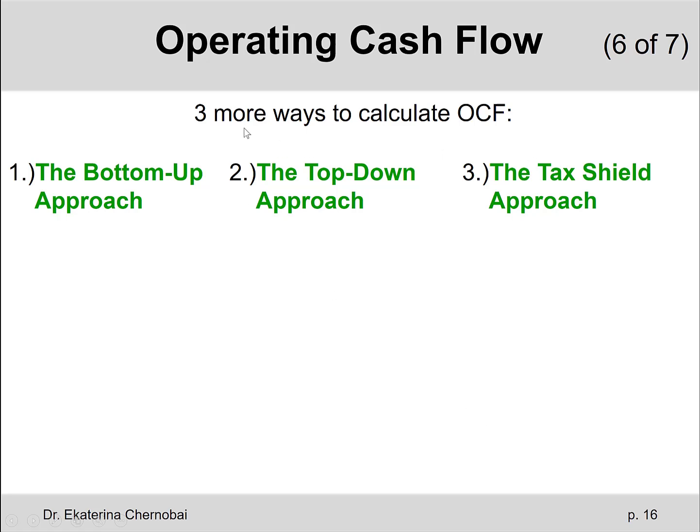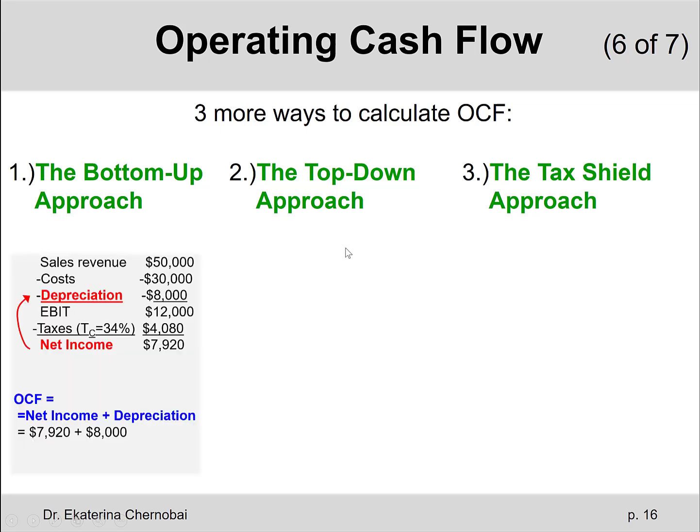Turns out there are three more ways to find the operating cash flow: the bottom-up approach, the top-down approach, and the tax shield approach. The bottom-up approach says that we start at the bottom and then we go up and only subtract, so we add back depreciation, right?